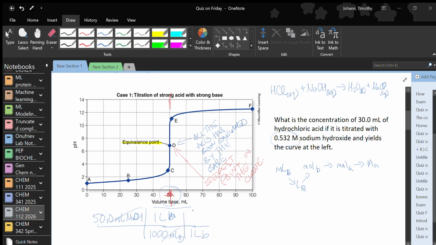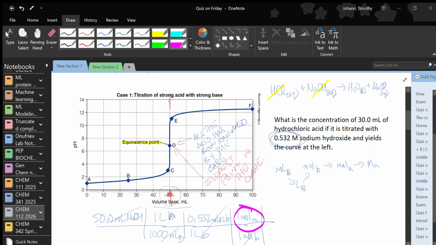If I have 1 liter of base, this is my concentration of base up here. So that means I have 0.532 moles of base. Okay, and we see if we look up at our equation that 1 mole of HCl reacts with 1 mole of sodium hydroxide. So if I have 1 mole of base, it reacts with 1 mole of acid. Moles of base cancels with moles of base in terms of units. And now this is going to pop out moles of acid here.